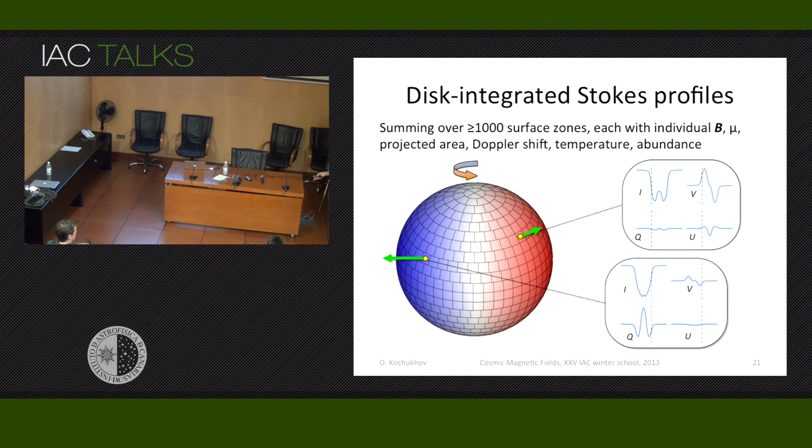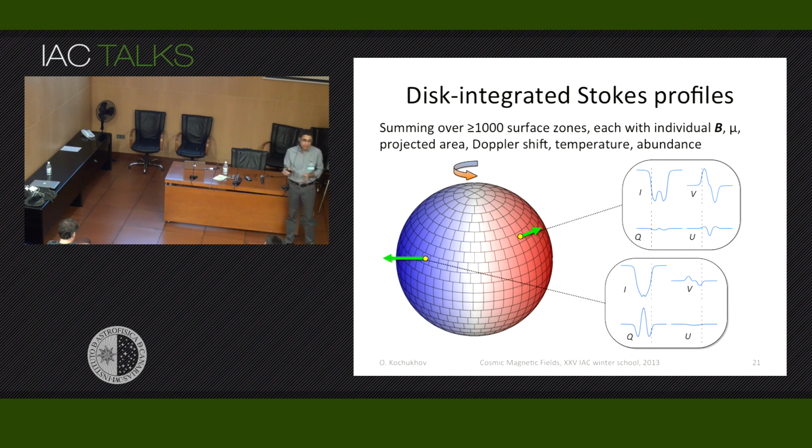And furthermore, there is also the effect called limb darkening. This is supposed to be illustrated here with a sort of darkening of this image. At each given view we have different mu angles corresponding to the center of the disk and to the limb.